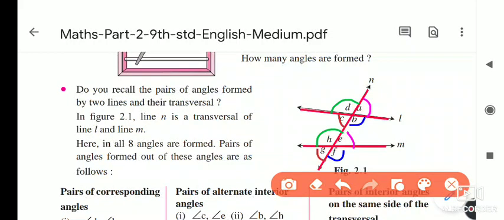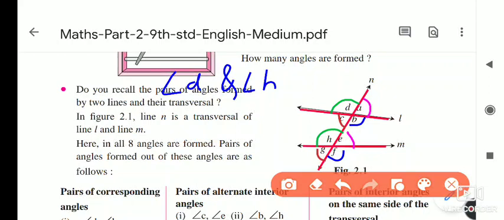So here I gave marks of the same color for the corresponding angles. Then you will notice that angle D and angle H is the first pair of corresponding angles.